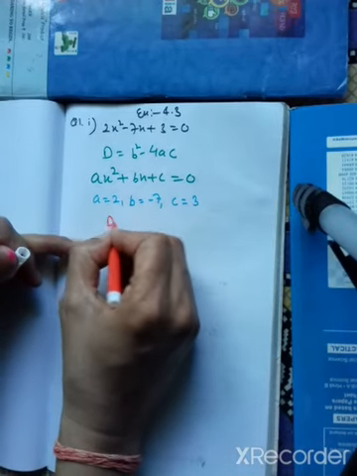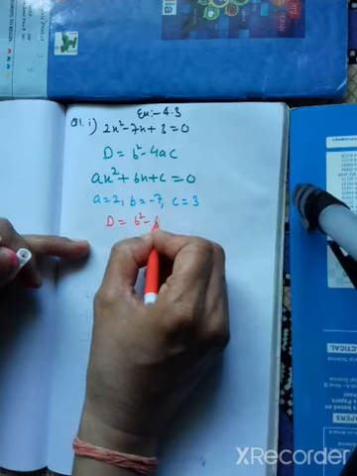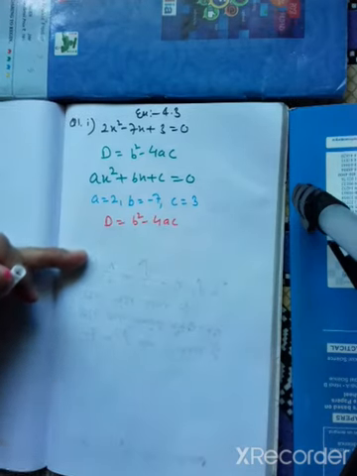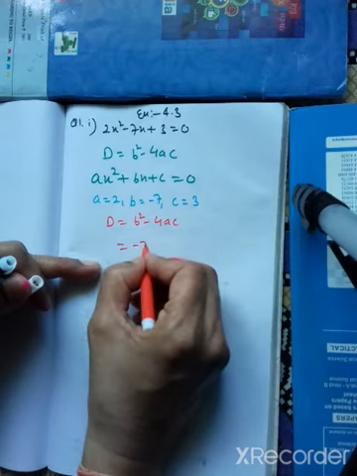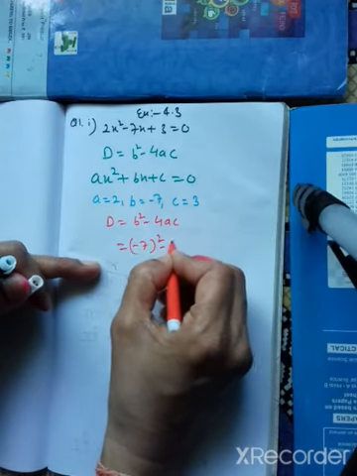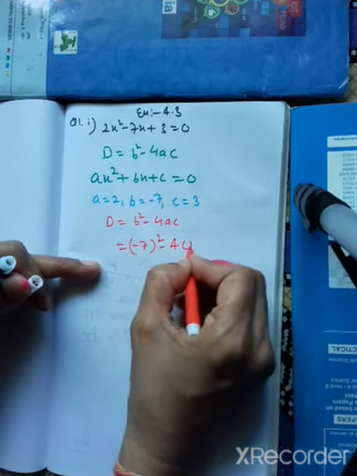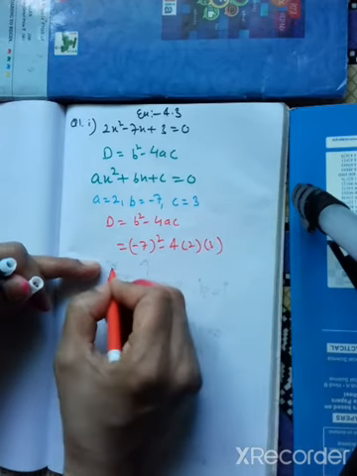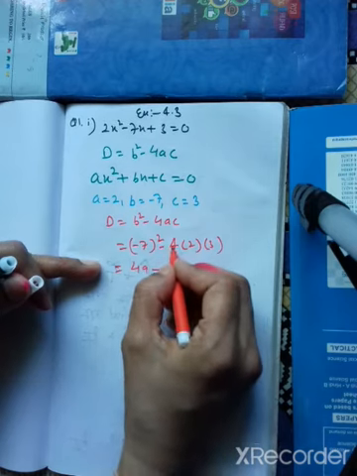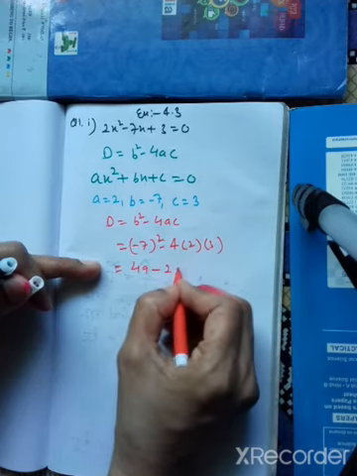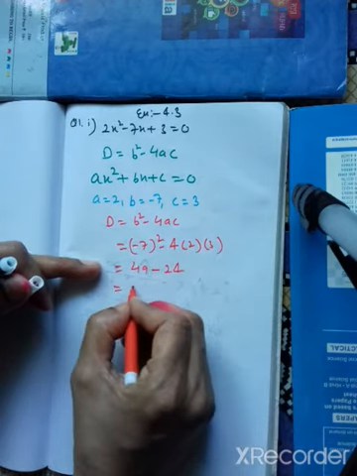Now let us find our D, which is b square minus 4ac. b is minus 7 whole square, minus 4, a is 2, c is 3. So minus 7 square is 49, minus 4 times 2 times 3 is 24. So 49 minus 24 is 25.